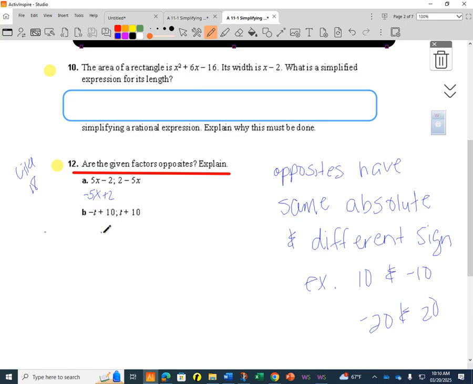They are opposites. These are the same absolute value. Does that make sense? Make sense to you guys? So we're going to say yes, they are opposites.